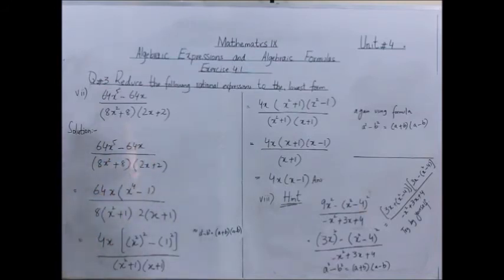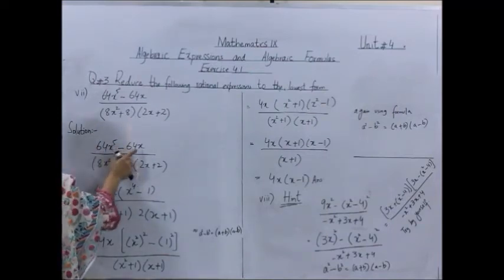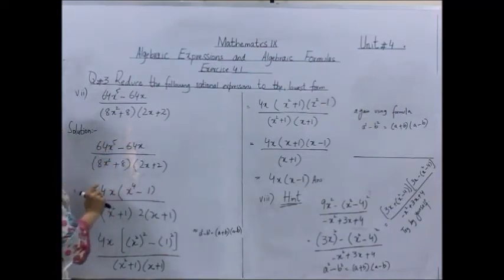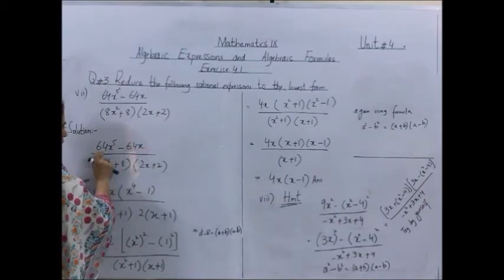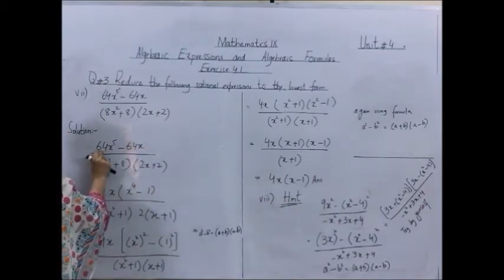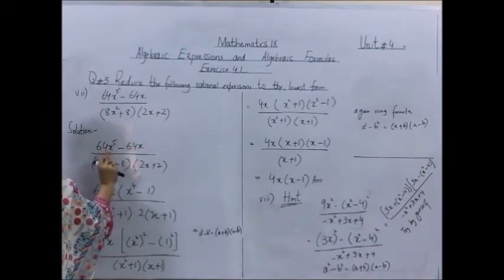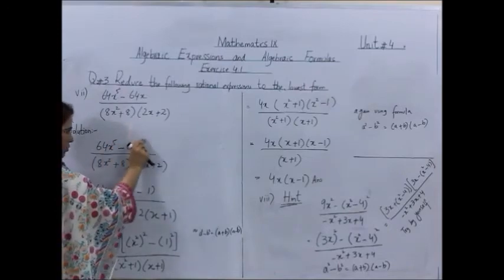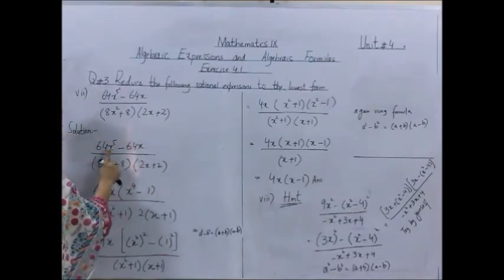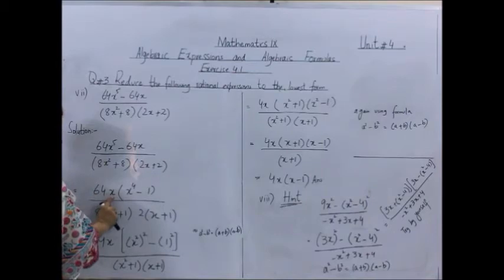Dear students, you have to see that if something is common in all the terms, you can take it common. The first step is, if you see that something is common in these terms, take it as common. See, 64 common, x⁵, x¹. x is common, so we take 64x as common.